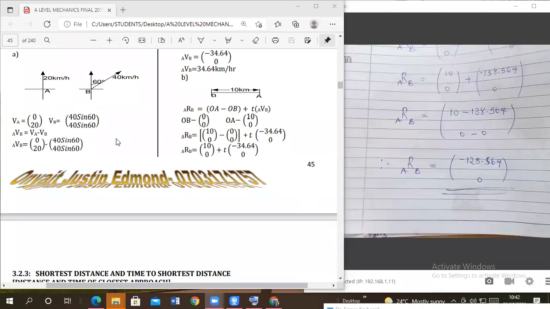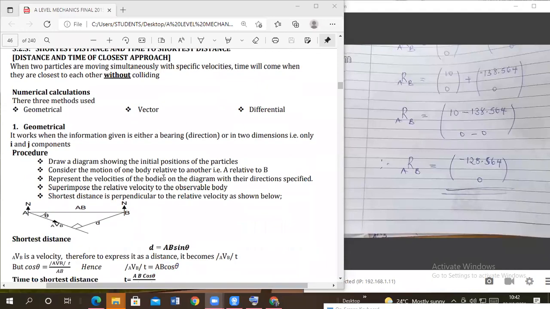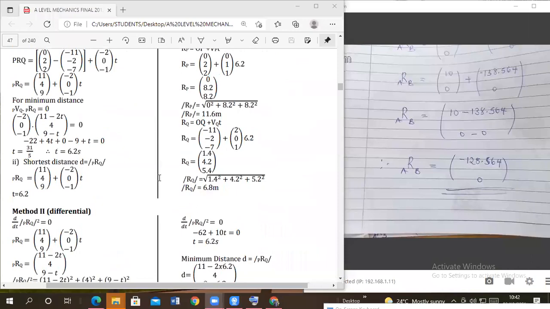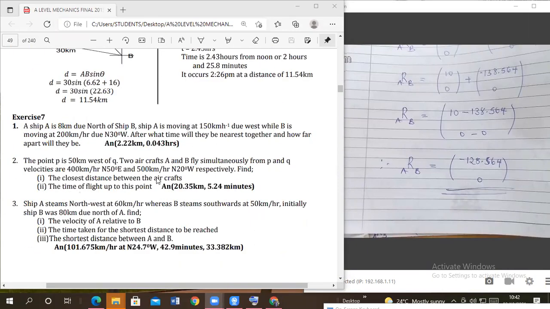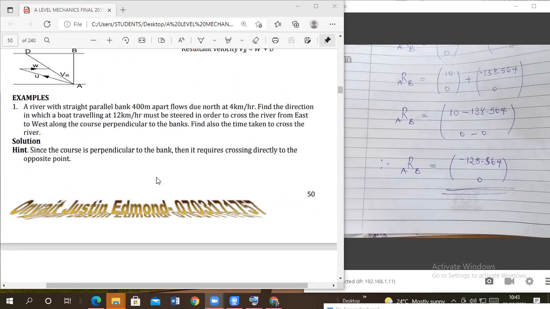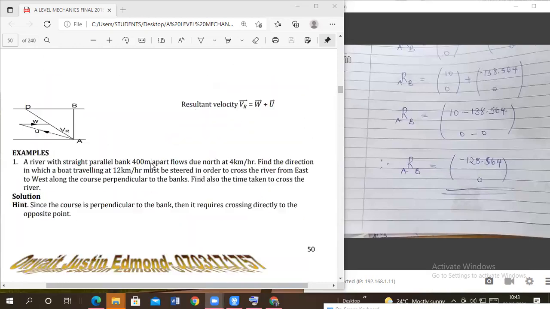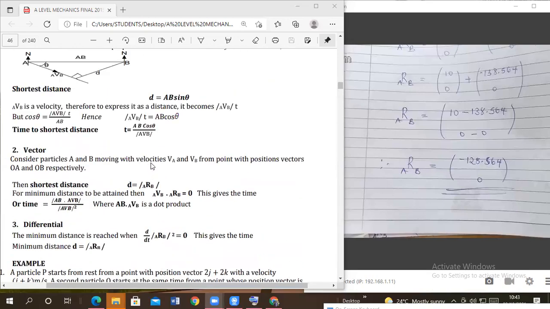Now this one, I want us to look at it next week: the shortest distance and time to closest approach, how we work it out. They're very easy. So next week we should finish this. Actually, we would have finished even today, but simply because we started our lesson a little bit later and I don't want to over-congest you with this work.